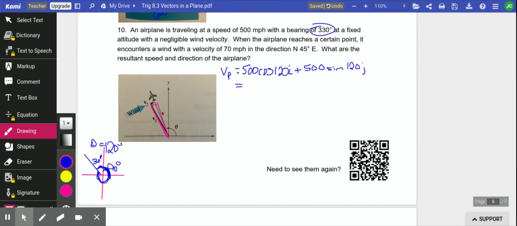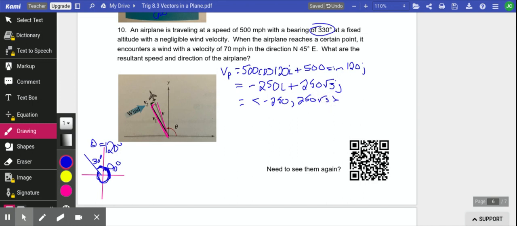So this is going to give us negative 250i. Sine of 120 is root 3 over 2. So that's going to give us 250 root 3. Okay, so that is the vector of the airplane. If you want it in component form, it would be negative 250 and 250 root 3.